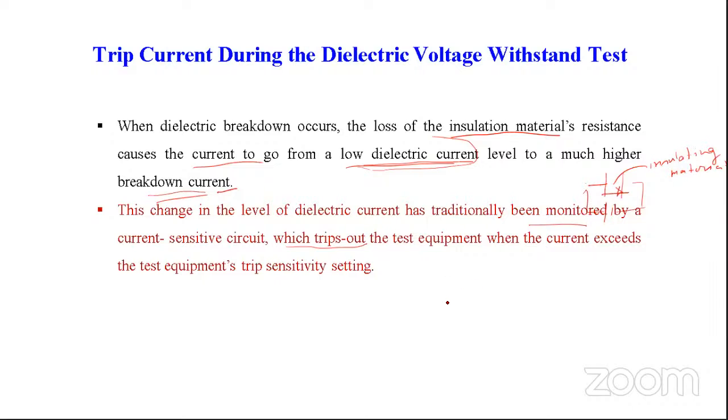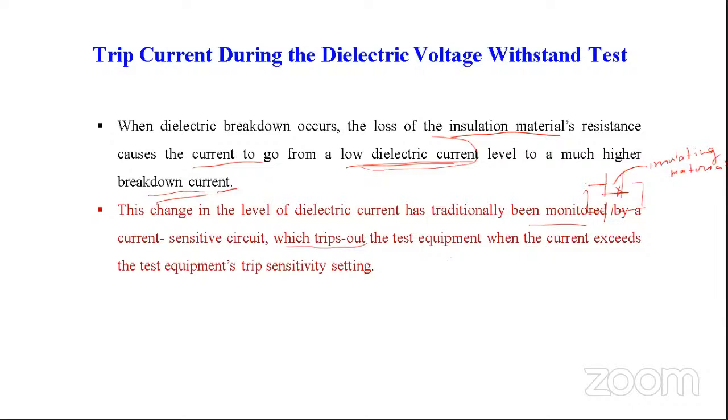All of you know, from the circuit breaker concept point of view, if you gradually increase the voltage, at a certain voltage or current level the circuit breaker opens, depending upon the setting of the relay. If it is a current operated relay, say if we set 5 ampere, then up to 5 ampere there will be no operation of the circuit breaker.